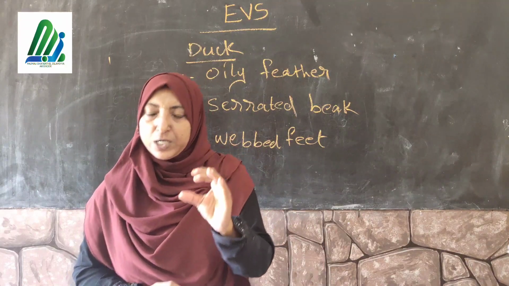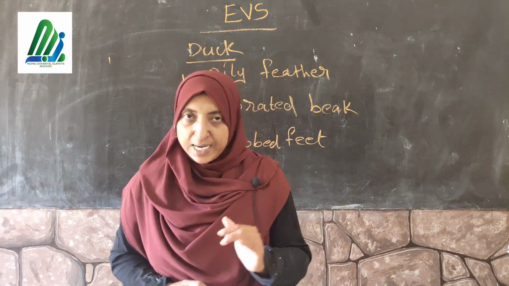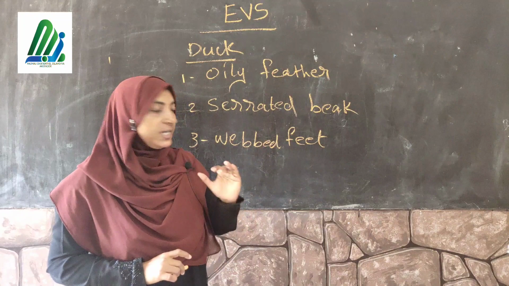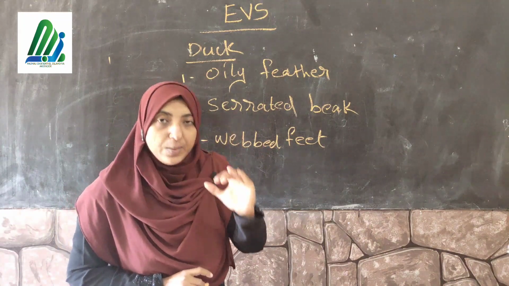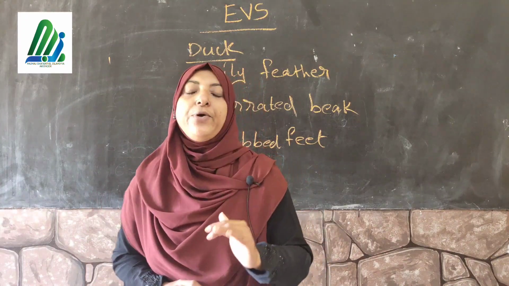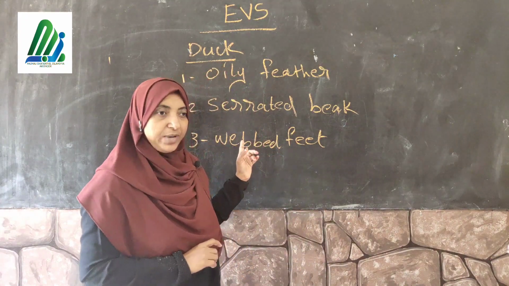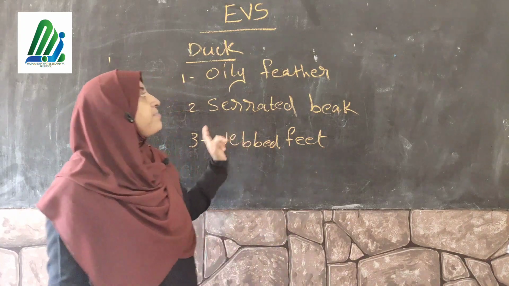Prey means food or small organisms from mud and water. Clear? So that is serrated beak. Then third one, webbed feet. That feet helps a duck to swim in the water and to walk on the land. So these are the three important adaptations of a duck. Okay, so please note this in your notebook. These are the important adaptations of a duck.